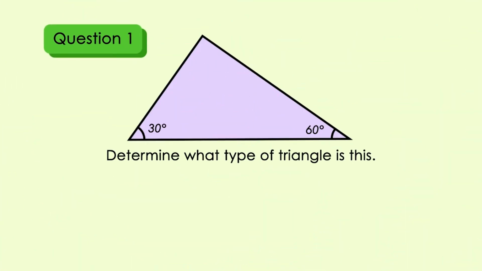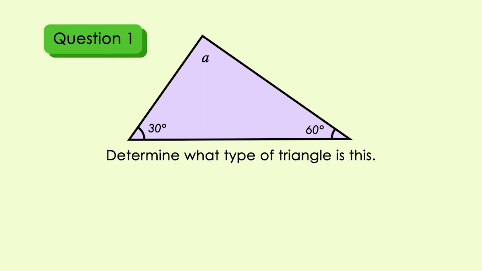Look at this diagram. What type of triangle is this? This triangle has two acute angles. Is this an acute angled triangle? Firstly, you need to find the unlabeled angle. I am going to use the sum of the interior angle to do so.